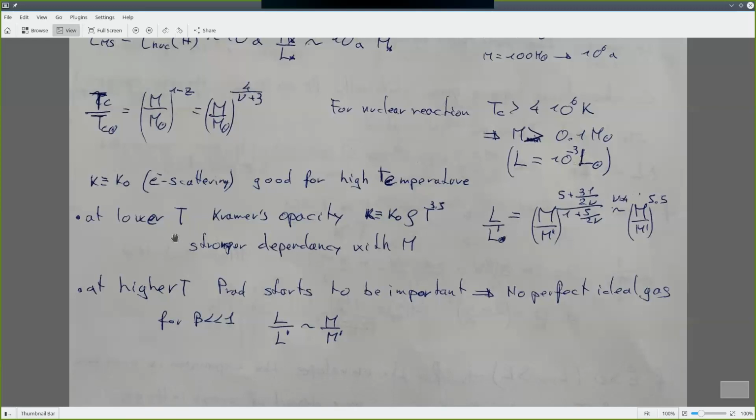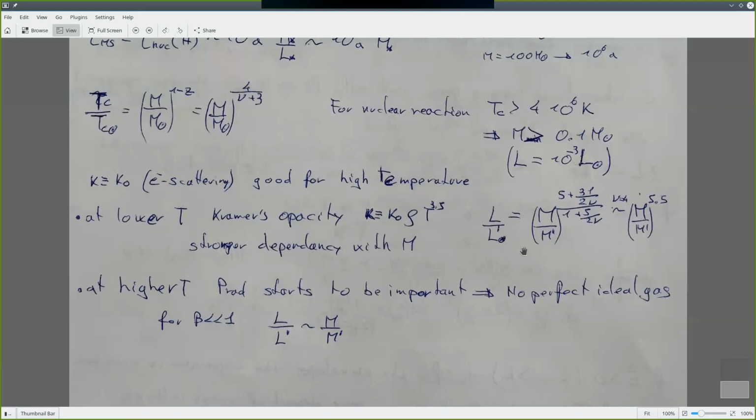So if you shift and consider a Kramers opacity instead of constant opacity, we have a change in the homology solution. And we got this one.